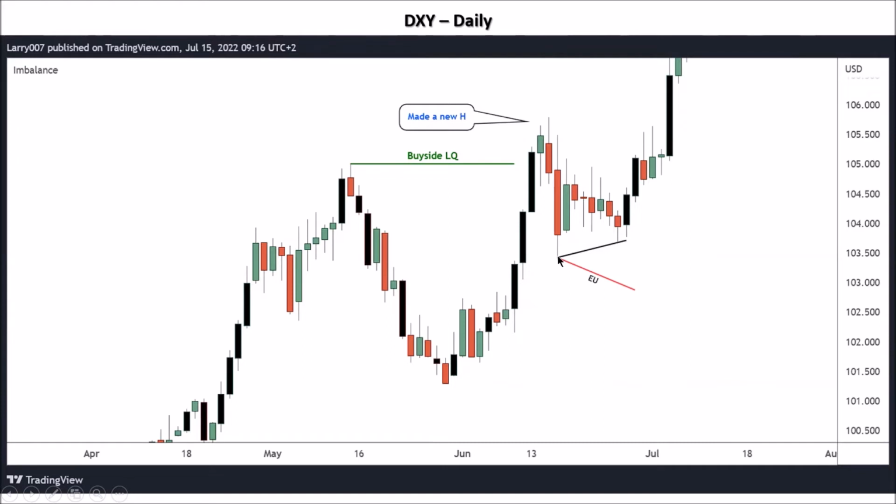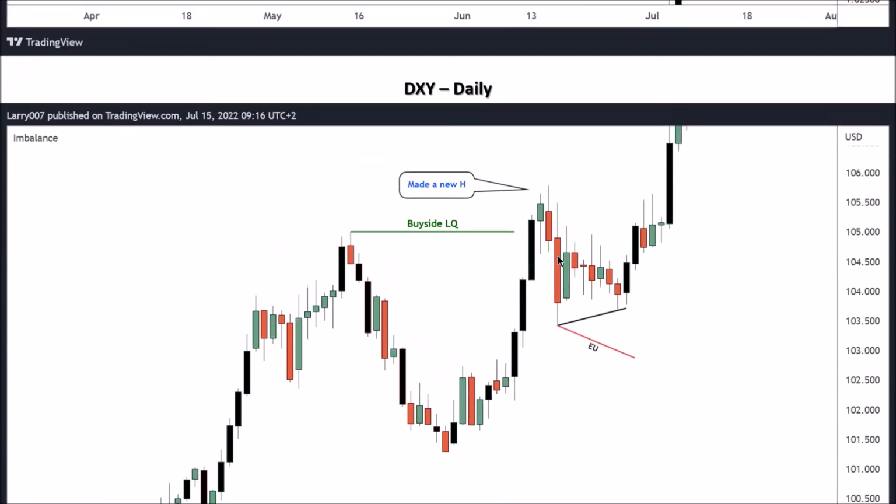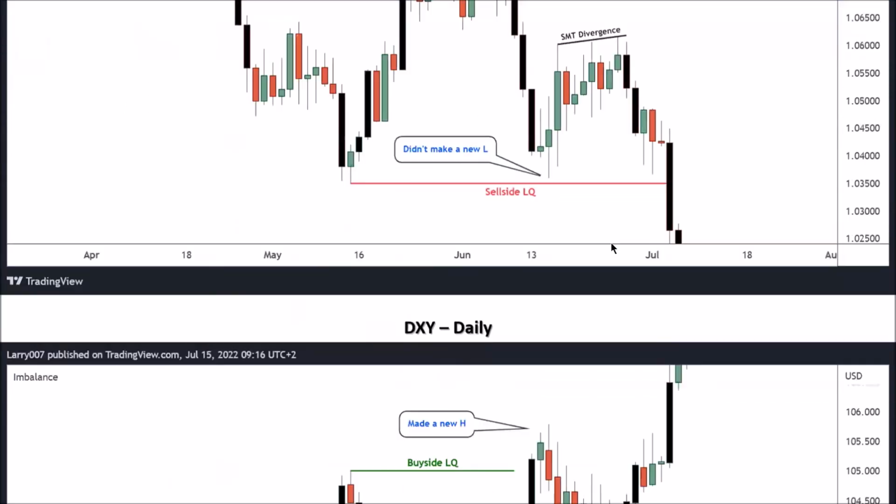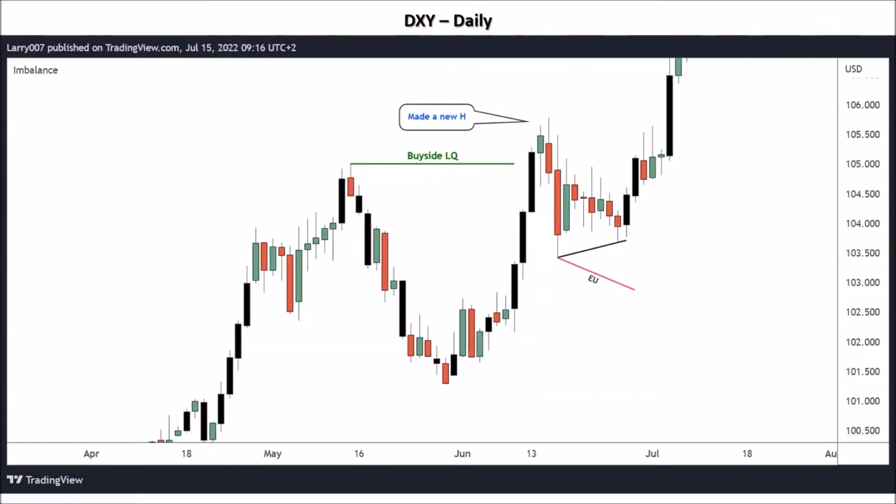This low is still protected, okay? So this high on the DXY is protected. So we have a divergence, free runs. And so the opportunity is clear. You go on a lower time frame, and you look for an entry after the third high is made on EU.